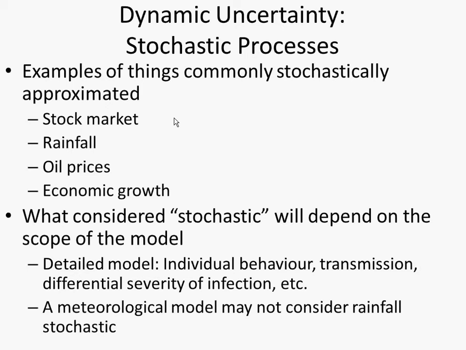And often we end up approximating many of these things in a stochastic way. So we end up approximating them as involving uncertainty over time in some sort of statistical model. What's considered stochastic will depend on the scope of the model. But generally, we start with a smaller model where more things are approximated.